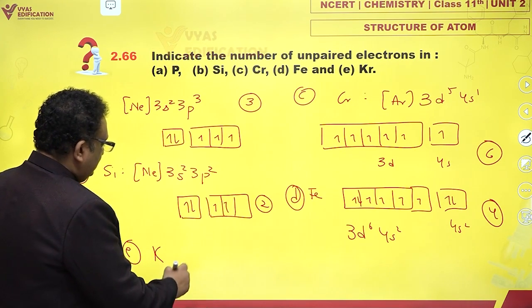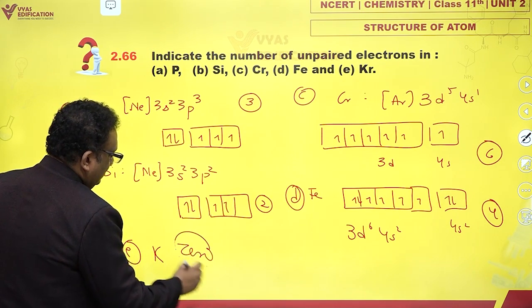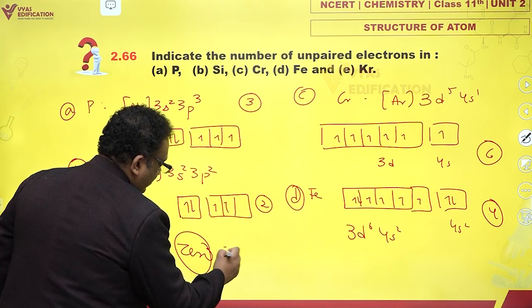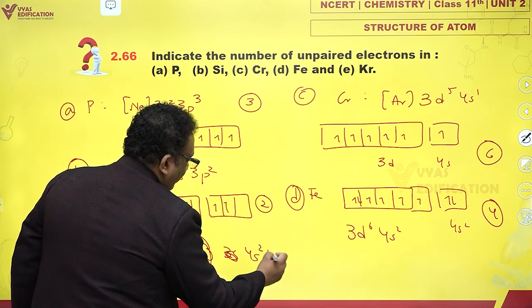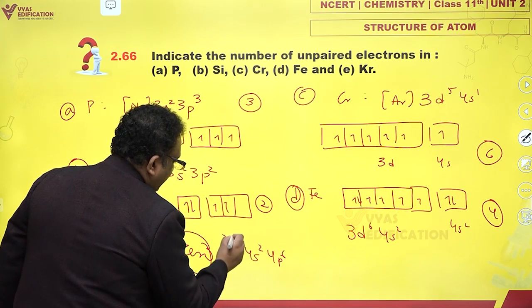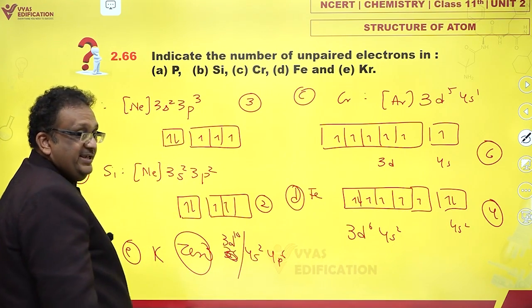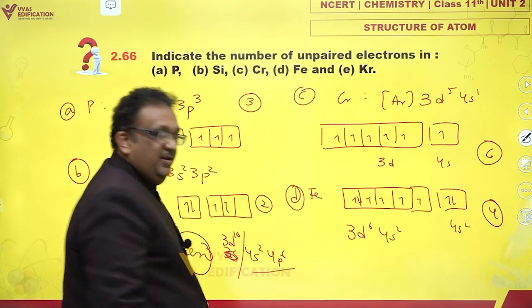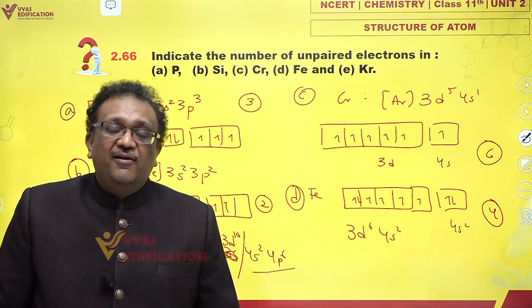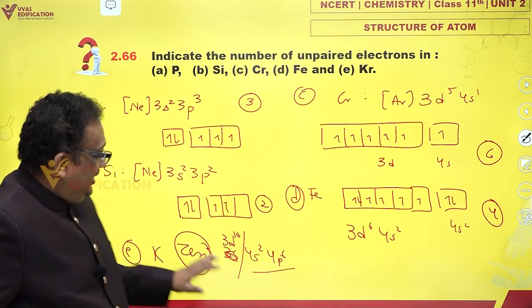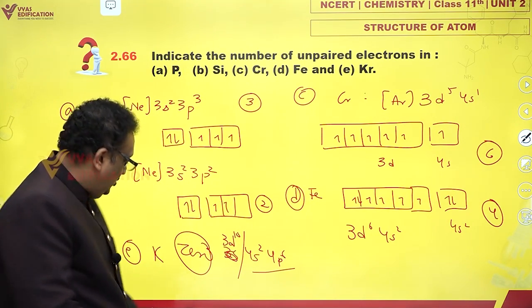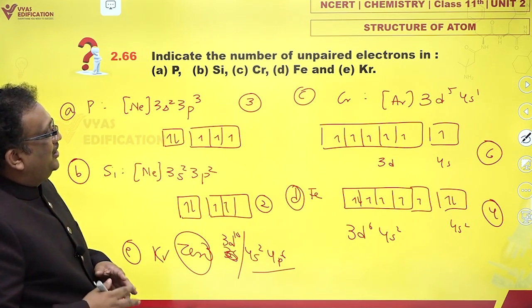They have 0. Why? It is 4s2, 4p6, 3d10. This is the case of krypton. All the electron shells are fully filled, everything is paired, and there is no unpaired electron in case of krypton atom. Not potassium, it is krypton atom.